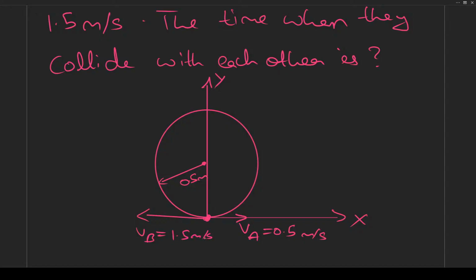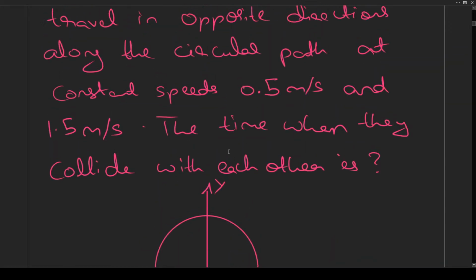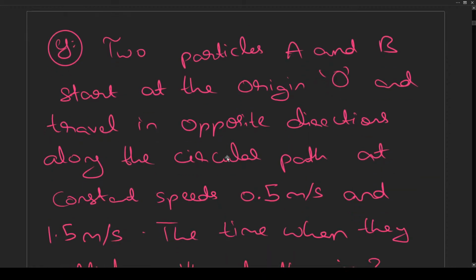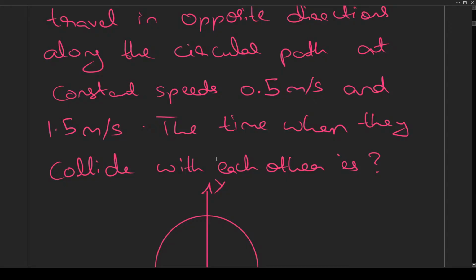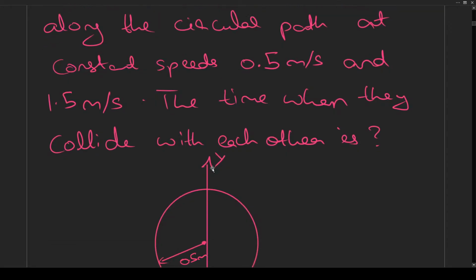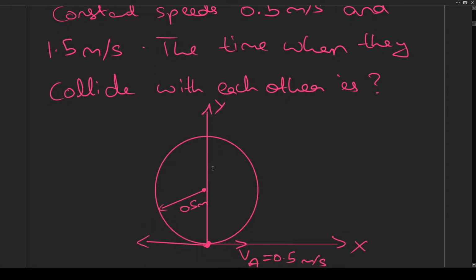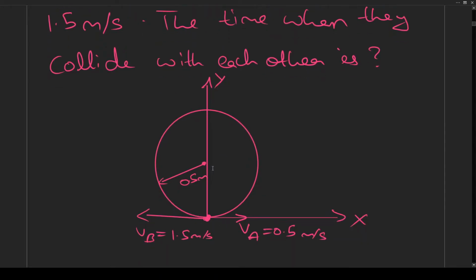They are asking that the two particles A and B start at origin and travel in opposite directions along a circular path at constant speeds of 0.5 and 1.5 meter per second. The time when they collide with each other is.